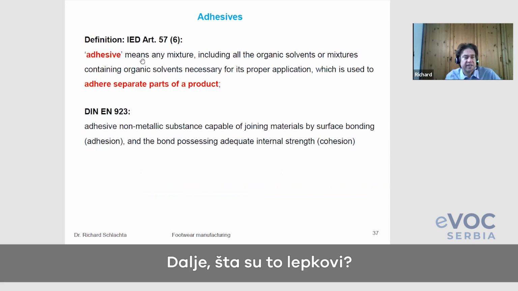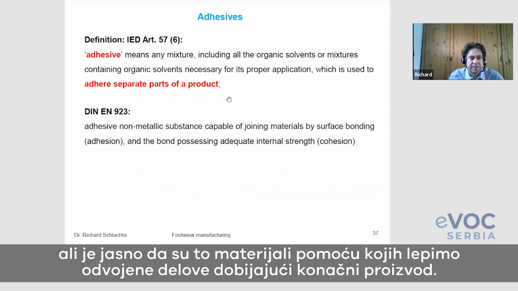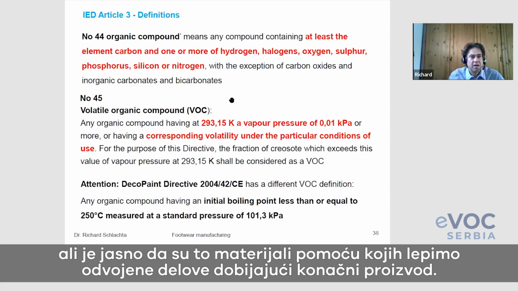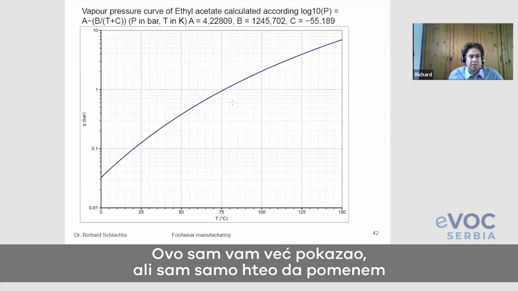Yes, what are adhesives? There are different definitions, but it's clear that they are materials where we adhere separate parts together to a product. And yes, this I showed you already.